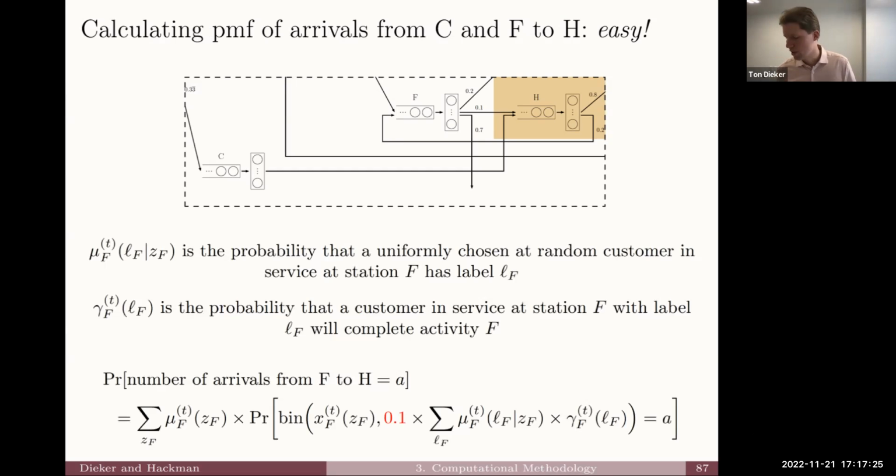Now, here are some details. I will skip maybe a lot of it. Just want to point out that this is to calculate the flow from F to H. That is a purely local calculation from the perspective of F. Okay, so it's very cheap to do.